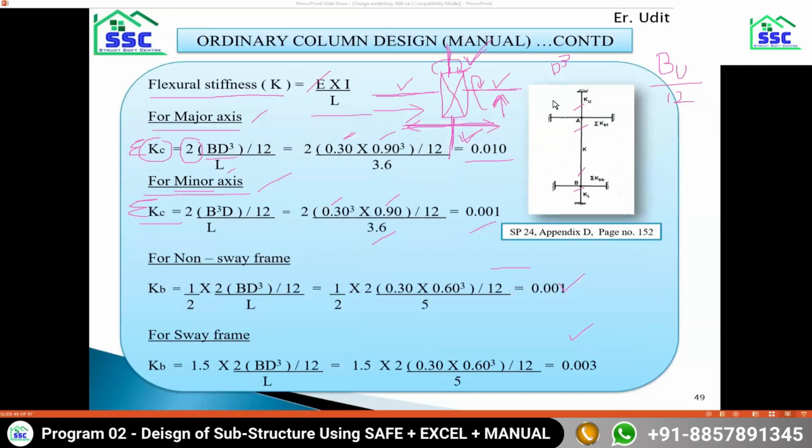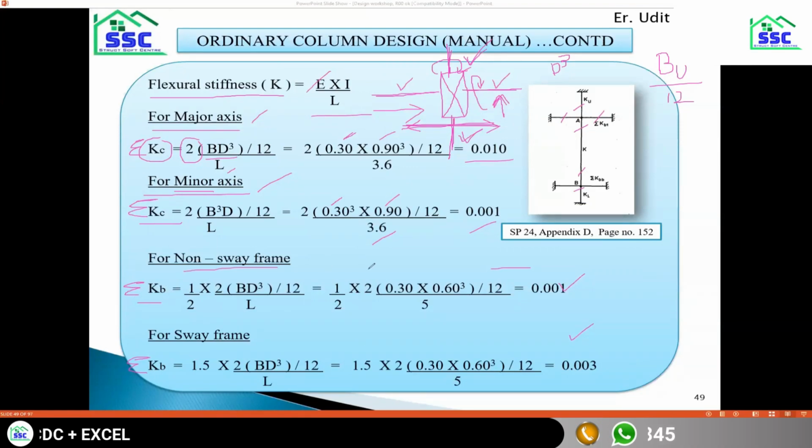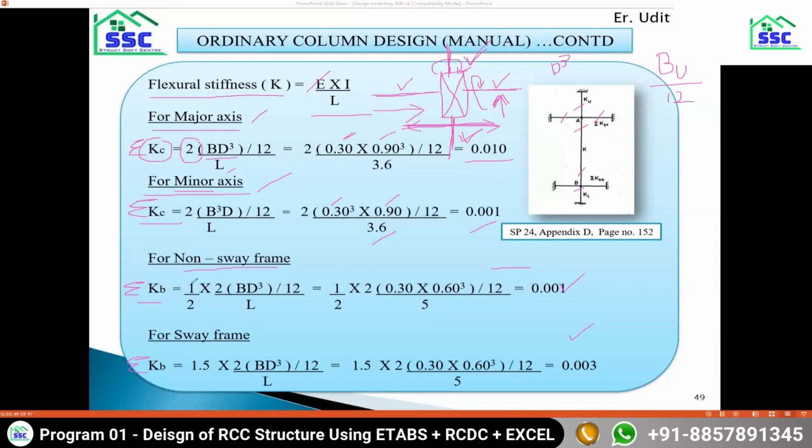Now, I have found out the flexural stiffness of the beam. Once again, summation. Summation means I will consider this beam and this beam. Two beams are framing into my column along the major axis. So, when I calculate the stiffness of the beam for a non-sway frame, my flexural stiffness for beam will be this 0.5 into I by L. This is nothing but I by L. And since there are two beams, that's why this is 2.